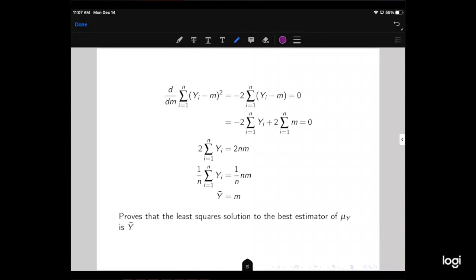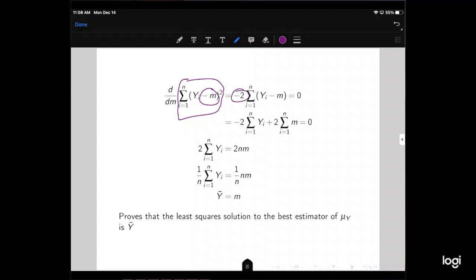Let's take the derivative with respect to m of the expression on the previous slide. The derivative of that is going to be, we're going to bring the 2 down. This is the chain rule. Bring the 2 down, and then inside, since it's with respect to m, and m is multiplied by -1, we're going to get -2 here.